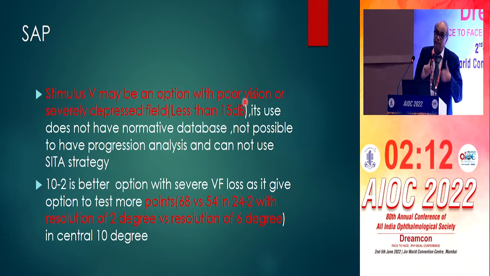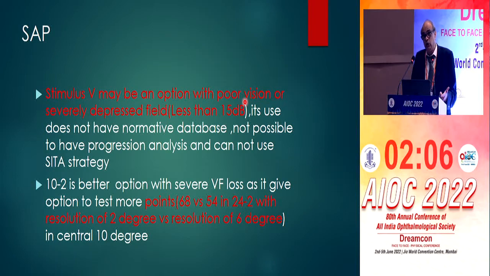But there is a problem with stimulus size 5, you cannot do the progression analysis. But you are equipped with another strategy, that is 10-2. If you do the 10-2, then obviously you would be able to pick up very small defects also, and that defect can be monitored for progression over a period of time.